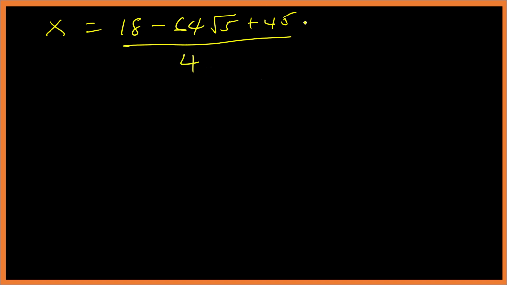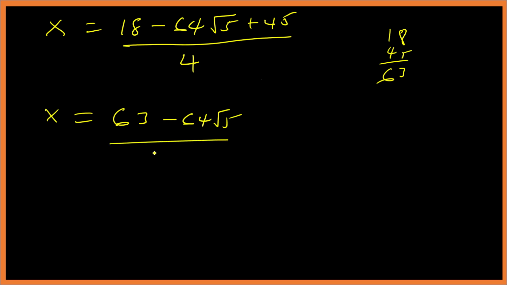So let's add this 81 and 45 over 4, which gives 63 minus 54 root 5 on 4. That is when X equals minus.